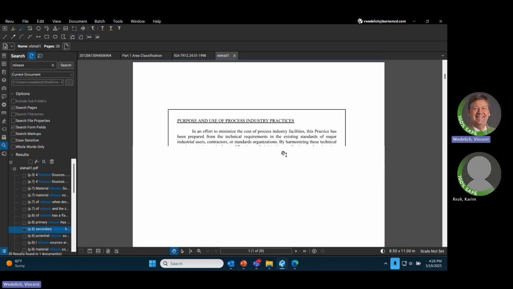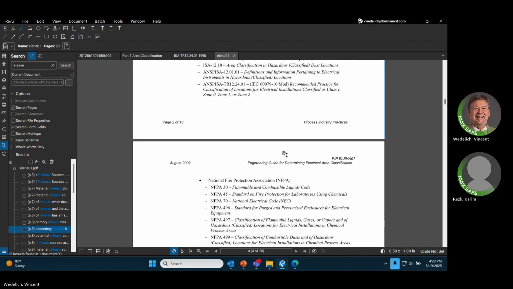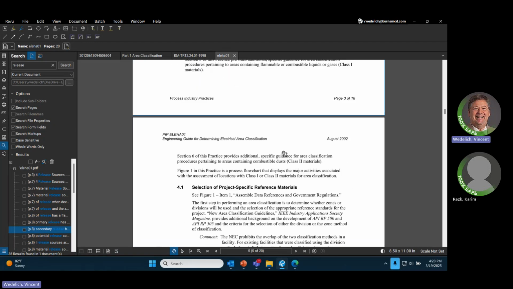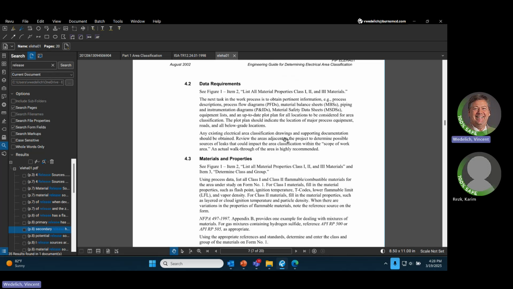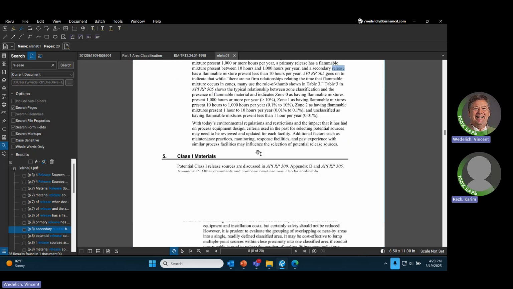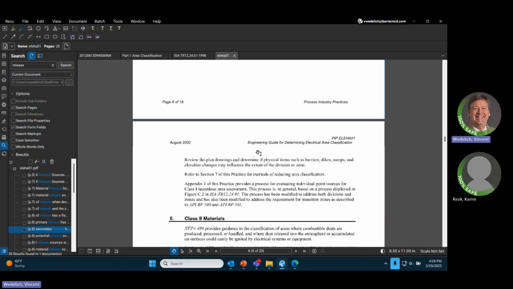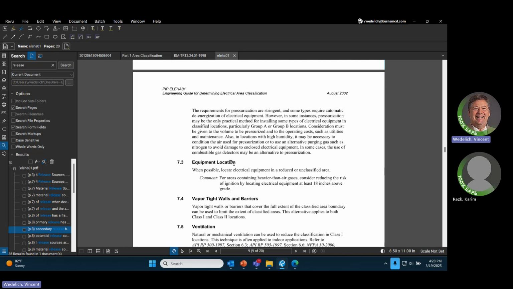Let's just see. Hmm, no definitions. But this actually just describes it, right? This actually tells you how to fill that chart out. Material class one, div one, class two, probably in the back of it.